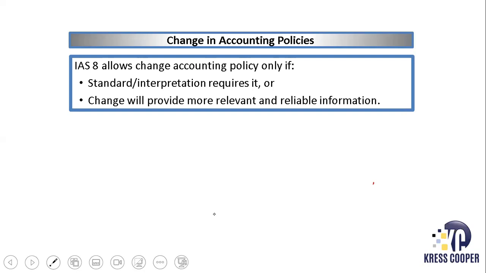For example, years ago, almost 20, 25 years, I guess, IAS 23 was talking about charging out the borrowing cost to the profit and loss account.